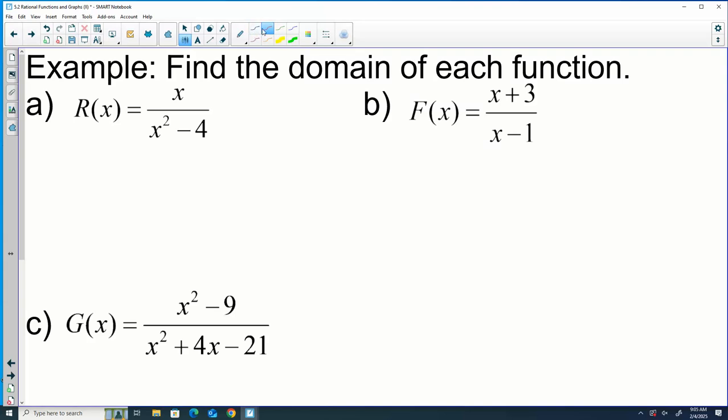If I ask you to find the domain, when we were finding domains, what did we do? What was your homework Friday? We know the bottom cannot equal 0. So x squared cannot equal 4. So my domain, square root, plus or minus, x cannot be positive and negative 2.